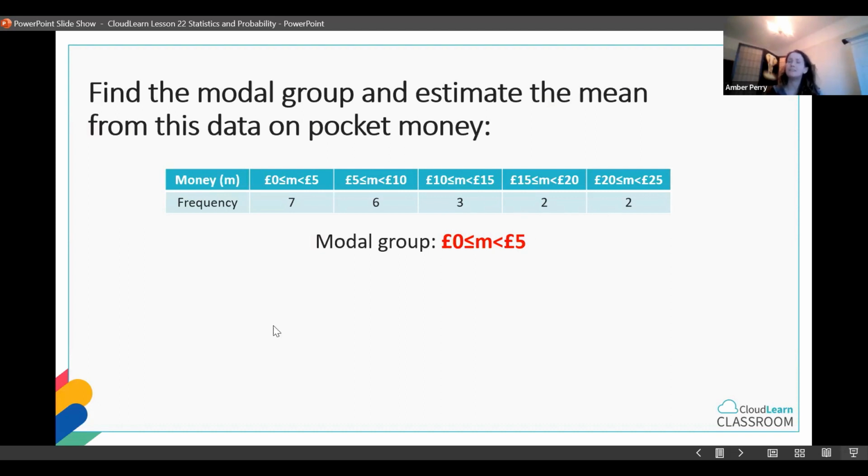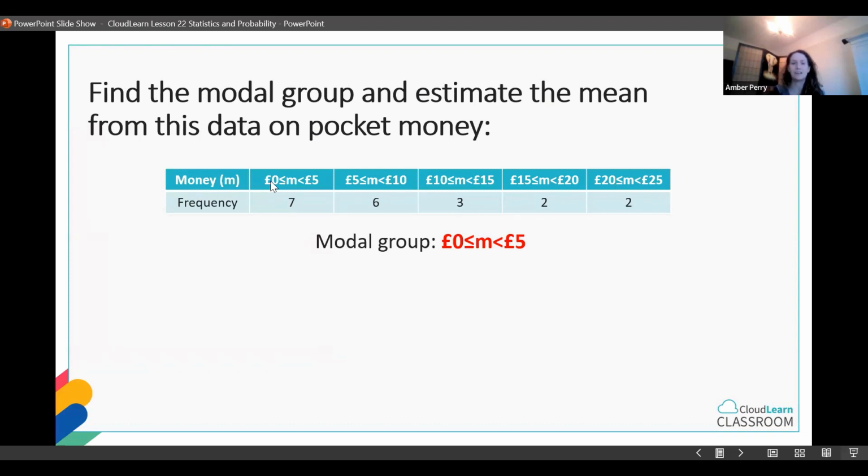So if you want to find the range of this, you're not looking at the frequency numbers, because that's just how many people are receiving each amount of money. What you're looking at is the smallest and the biggest amount of money.